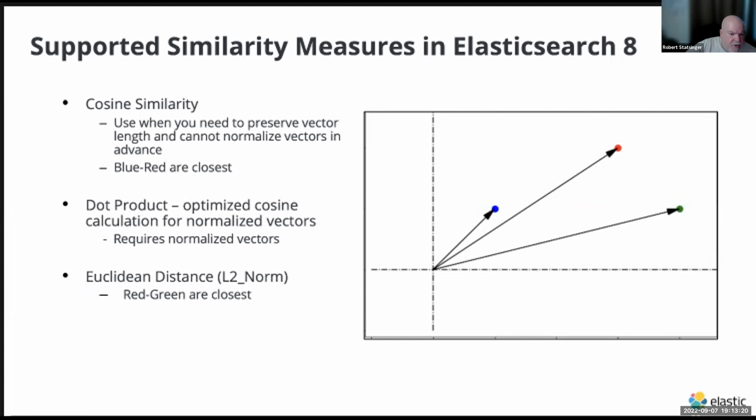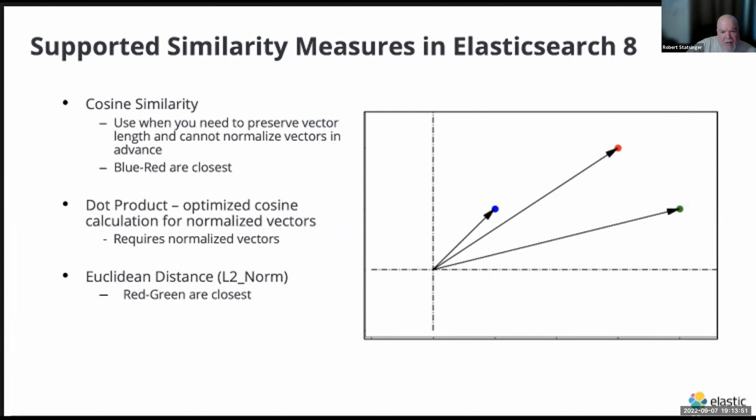Now, if you want to use cosine similarity, but you're able to normalize all of your vectors, including the query vector, you should use a dot product measure, because it's an optimized, faster way of computing the cosine. And this can be thought of as a total quantity of effort in the same direction. And this metric can definitely capture popularity as well as occurrence count in vector search applications.